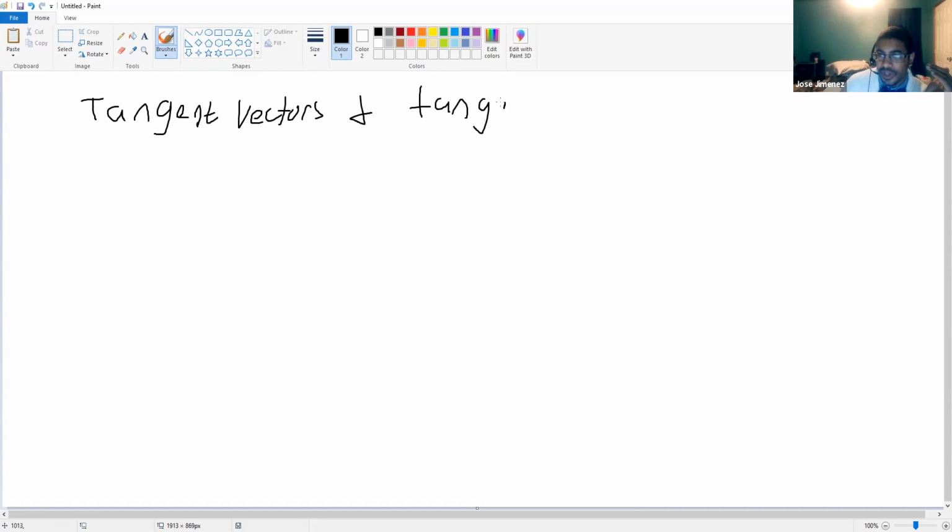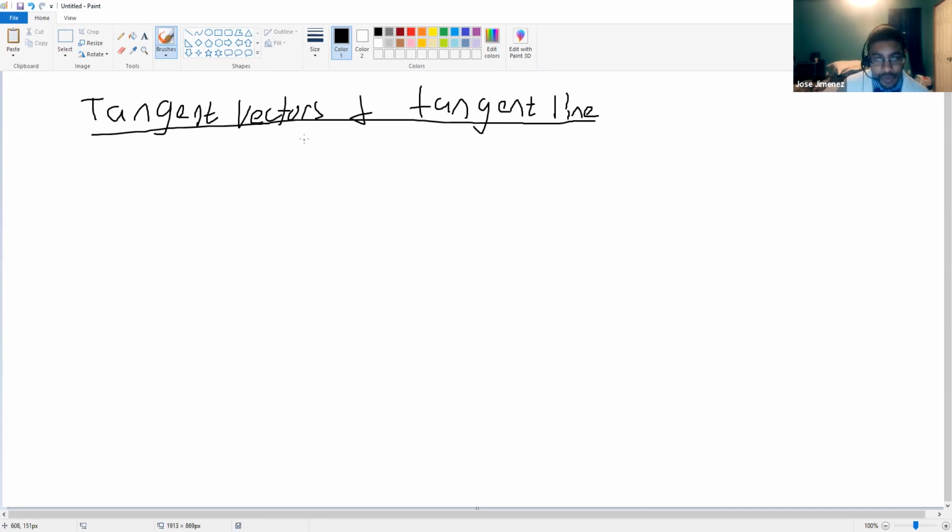Just like we saw in Cal 1, we take the derivative of our function, then we take a point and plug it into the mx plus b formula, and we basically get our actual tangent line. That's how we're going to get the tangent line. When it comes to the tangent vectors, we're going to divide it by the norm.